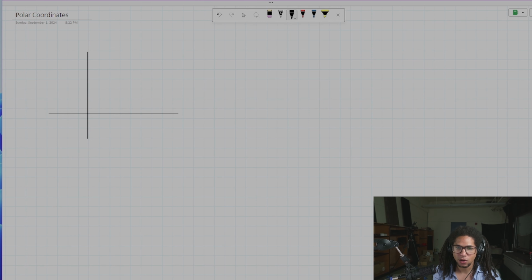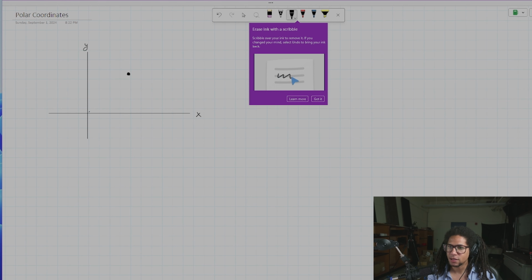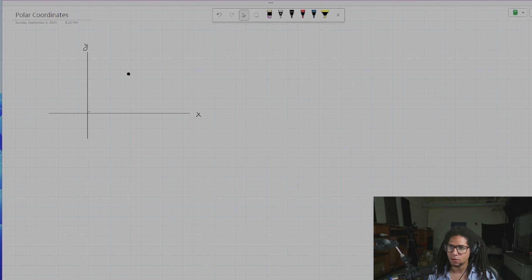So let's again draw ourselves some coordinate axes and imagine that this is the x-axis and that's the y-axis. All right, wonderful. So now we're going to look at a given point, and we know that the way that we draw its correct basis vectors is to draw a line that goes from the origin to that point, and then we'll have the r hat vector here, and the phi hat vector here.